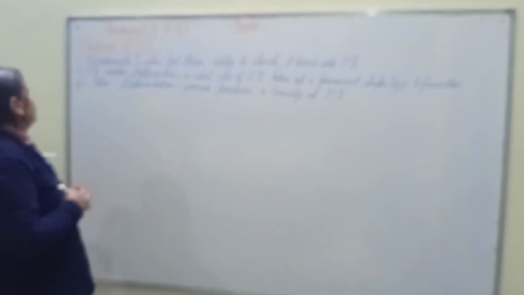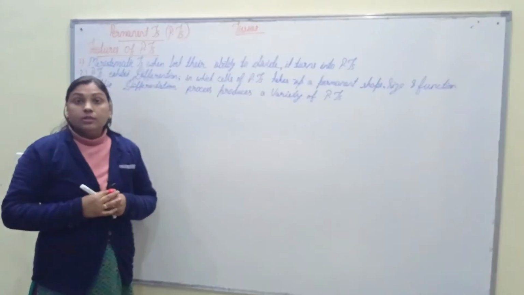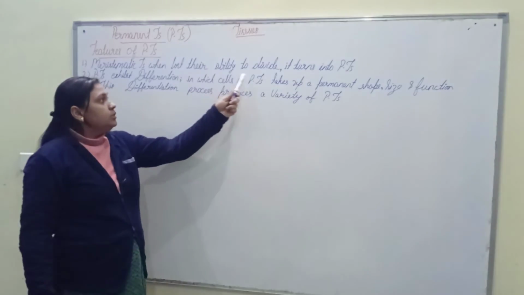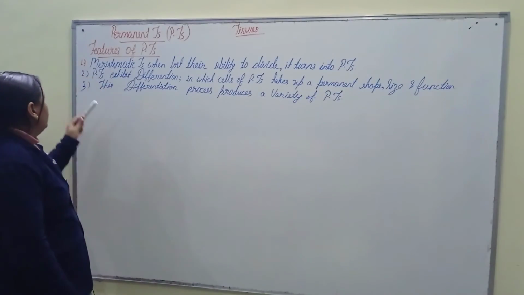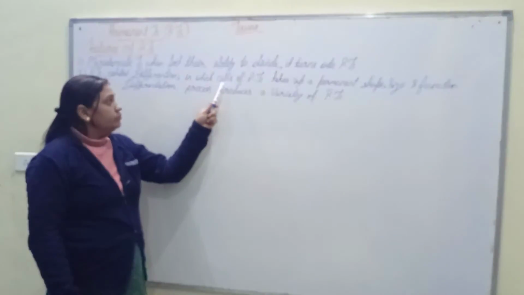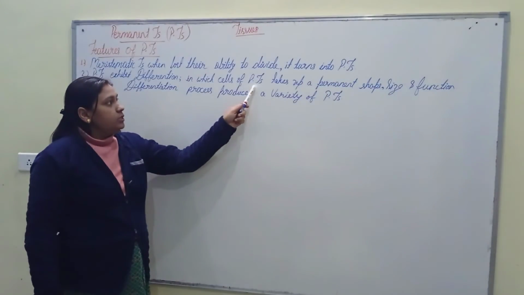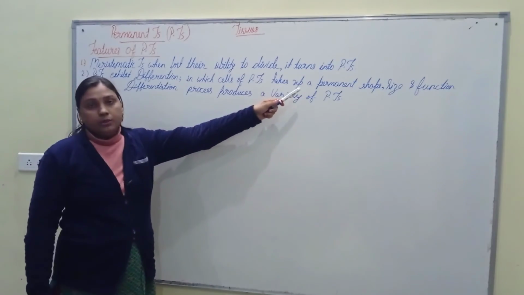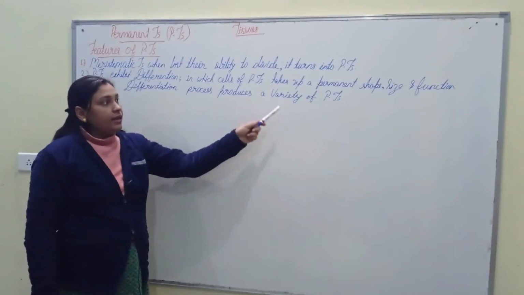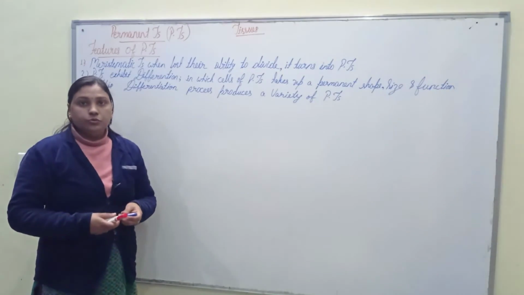So permanent tissue is nothing but meristematic tissue which has lost its ability to divide. Permanent tissue exhibits the differentiation process in which cells of permanent tissue take up a permanent shape, size and function. And this differentiation process produces a variety of permanent tissues.